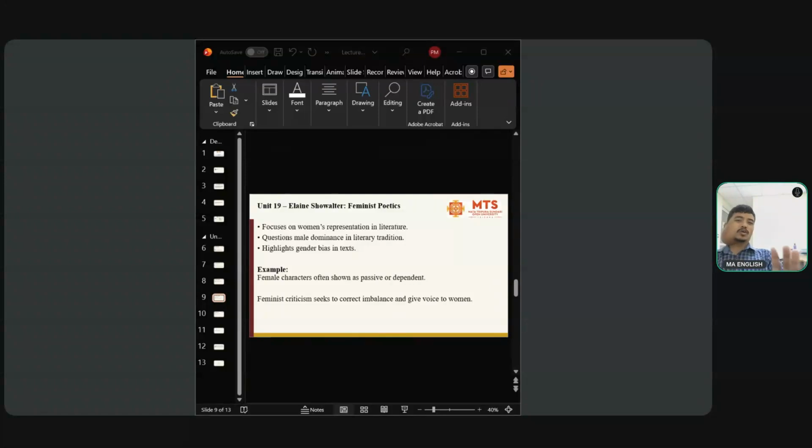Showalter's feminist poetics also examines the ways in which gender operates in literary criticism itself, not just in the text.